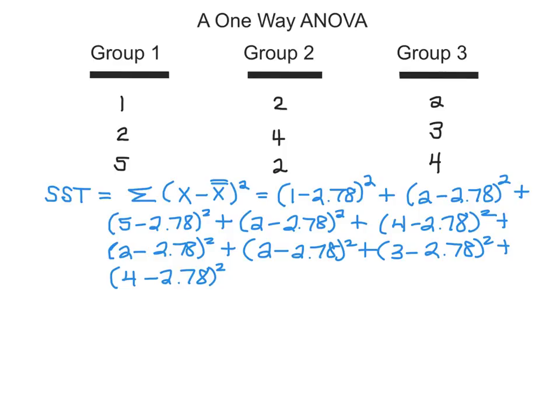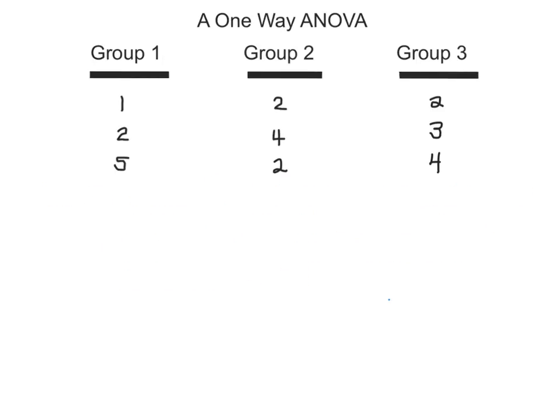So if I keep going, 2 minus 2.78 squared plus 4 minus 2.78. And if we work this all out in our calculator, our total sum of squares is 13.6.